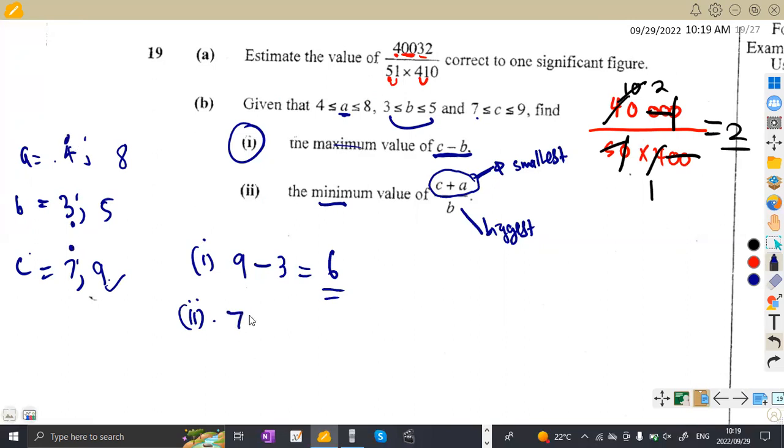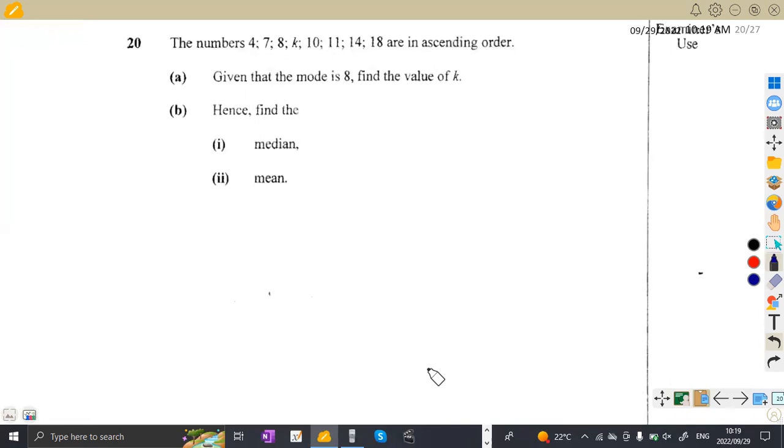So we are going to have 7 plus 4, that is C plus A, over B. Which one is the maximum for B? The maximum is 5. So this is going to give us 11 over 5. 5 into 11, or you can leave it like that, which is 2 and 1 over 5. This is the minimum value that we can get. So it's up to you. Guys, can we cross-check if we can have any other minimum value besides this one? Then it's actually wonderful for us to know for anything that we're going to have.